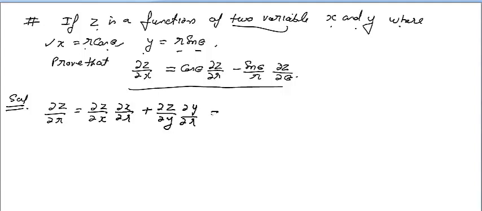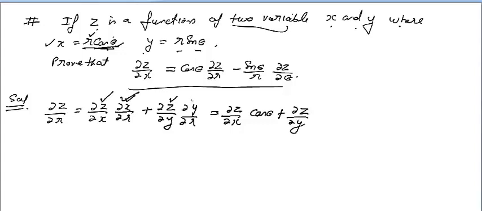Now when you put the value of this, ∂Z/∂X will be as it is, because Z in terms of X and Y is only given but the function is not given. So the derivative of X with respect to R: when you differentiate with respect to R, R is the variable, theta is the constant, cos theta will be outside, and the derivative of R is 1. So ∂X/∂R will be cos theta, plus ∂Z/∂Y will be as it is.